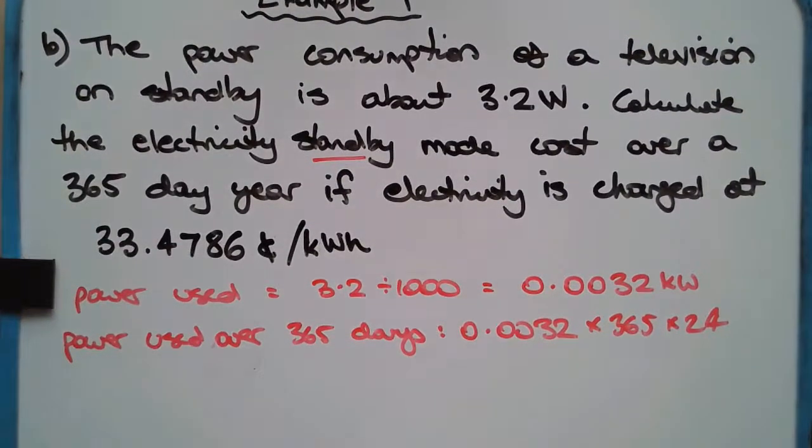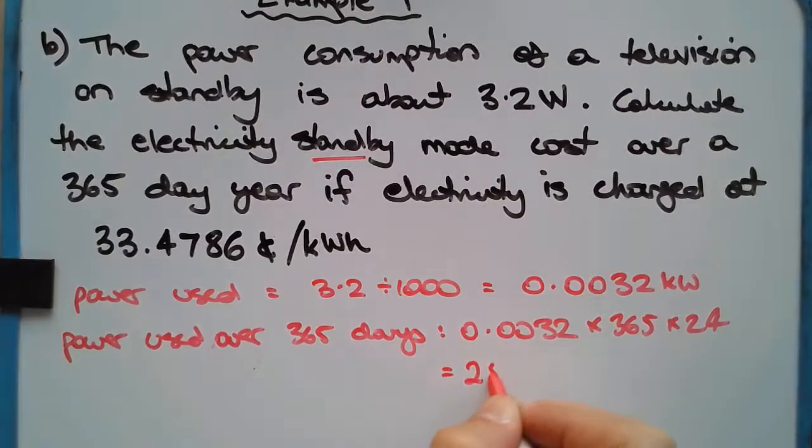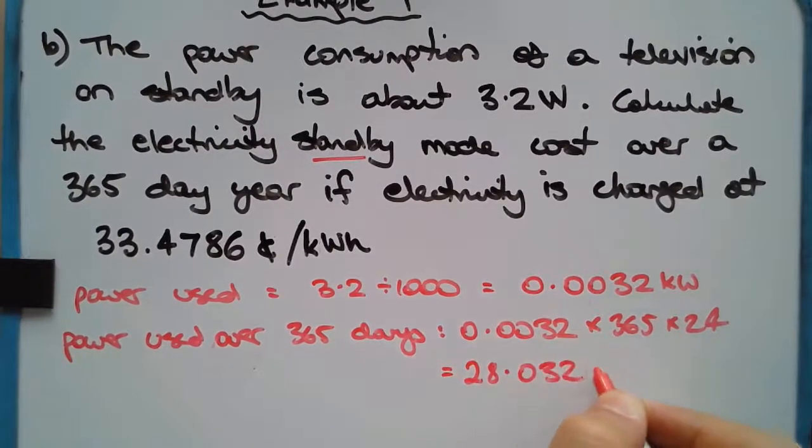That will give us the kilowatt hours that are used. I'm just going to put that in my calculator now: 0.0032 multiplied by 365 multiplied by 24, and we end up getting 28.032 kilowatt hours.